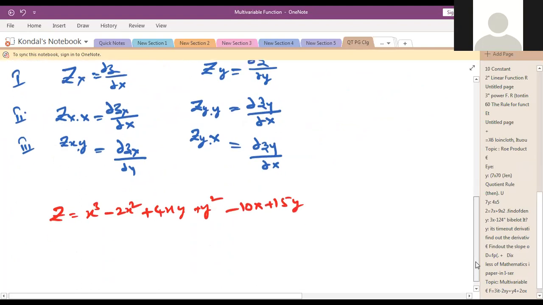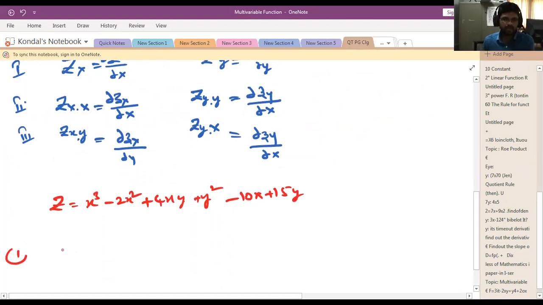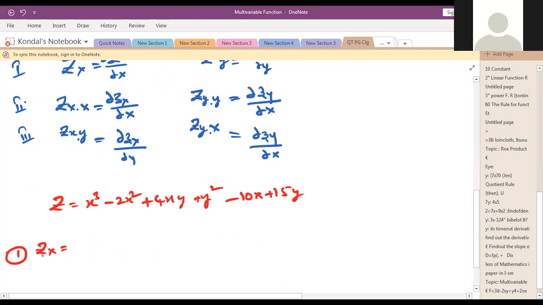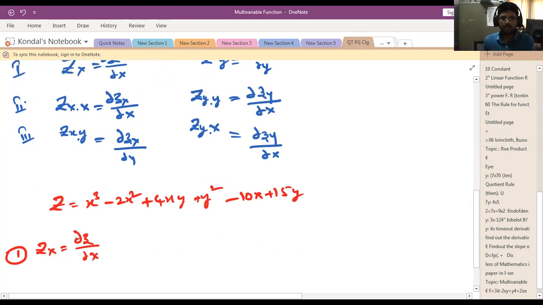So what is the first order? zx and zy. First we can do zx. What is zx? dz by dx. Sometimes we can call it d or dou, or delta, no problem. In mathematics we can call it dou z by dou x or dz by dx.